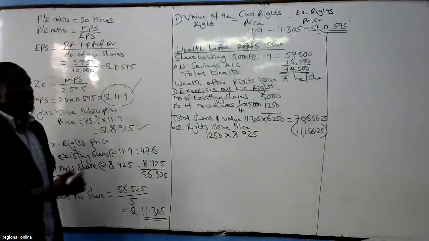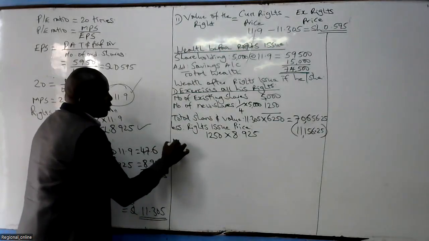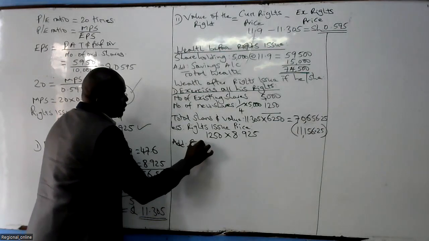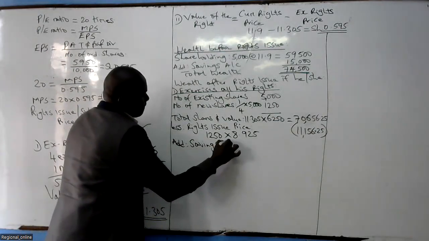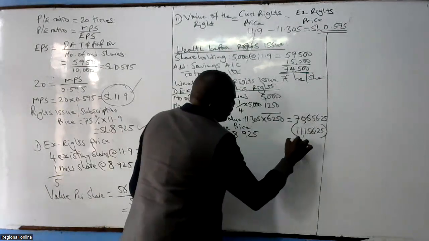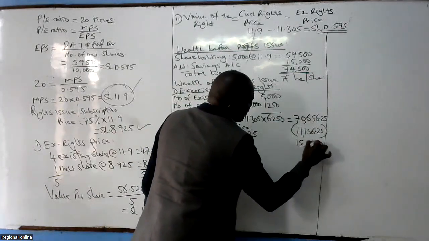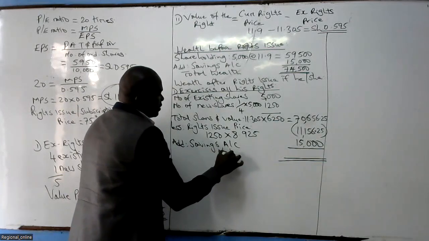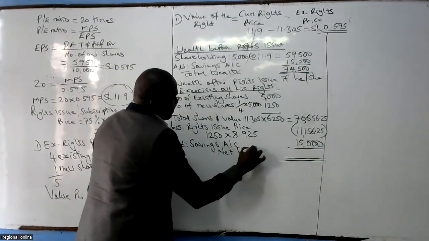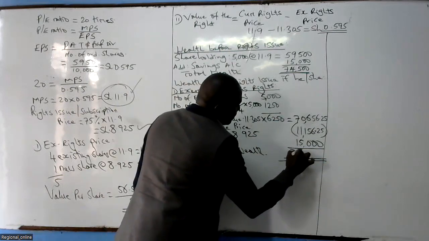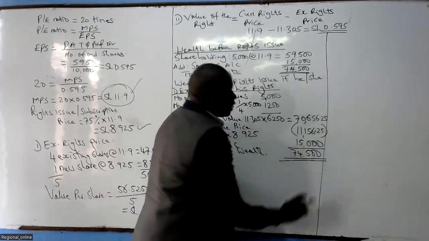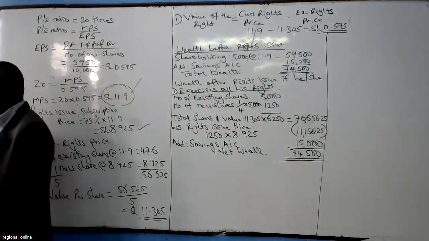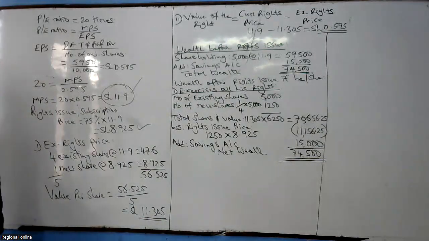Okay. Then you add his savings account, which was 15,000. Find out his net wealth: 74,500. Does it change? Before the rights issue, it was 74,500.